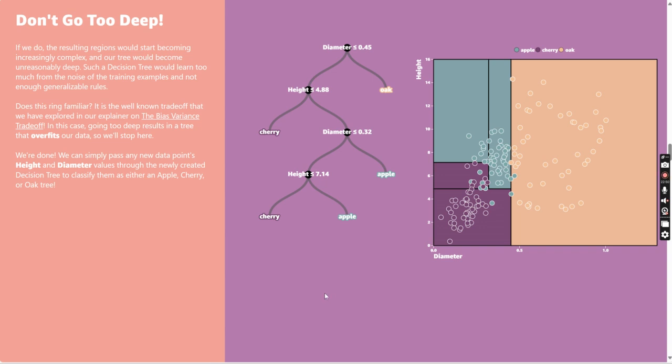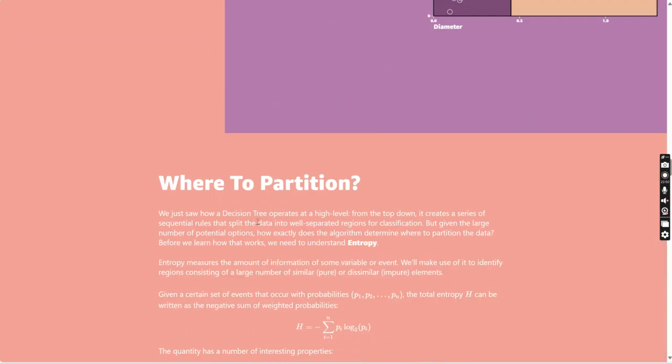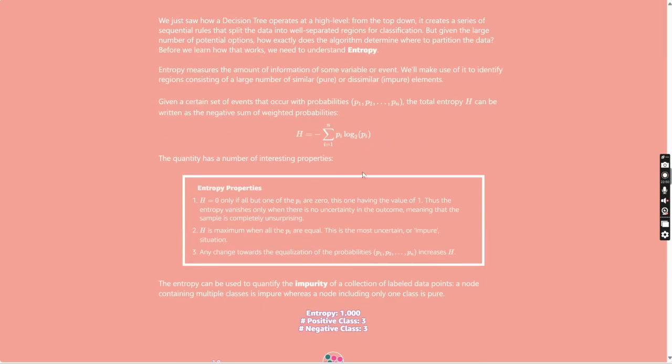For pure splits, the entropy will be 0. This is the interview question I was referring to. If the oak tree data points are there, the interviewer will ask what is the entropy of that particular split. The entropy is 0, and you know it from this formula. Hope this point is clear. Did you understand what we just discussed?